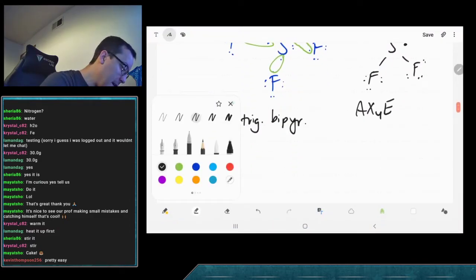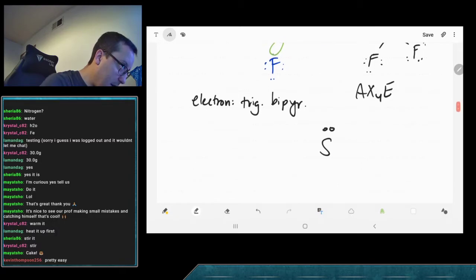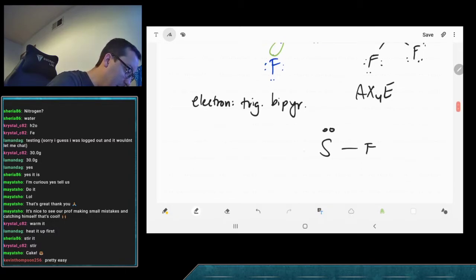So that's telling us that typically we draw the seesaw as having the lone pair directly up. Actually, if that one's going straight up, yeah, then these can be in the plane, and these would just be going down.